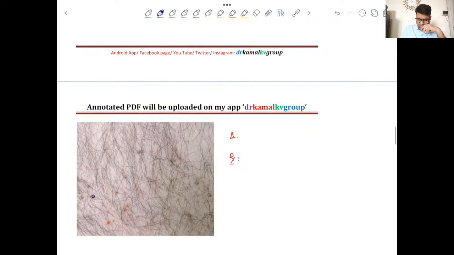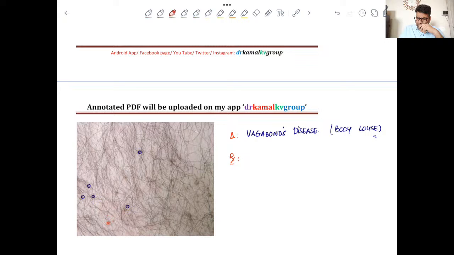So this condition is Vagabond's disease. Clear? So this is Vagabond's disease, which is caused by body louse. Fine.